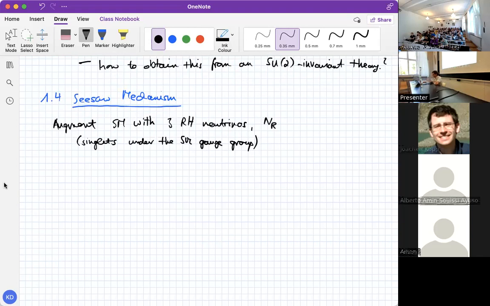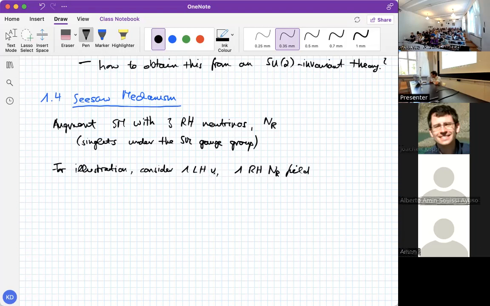Now let's look at what the allowed terms in the Lagrangian are. For illustration, I'm going to drop the flavor indices now, and I'm going to consider only 1 generation for the moment. We're going to get back to 3 generations later. For illustration, consider only 1 left-handed neutrino and 1 right-handed NR field.